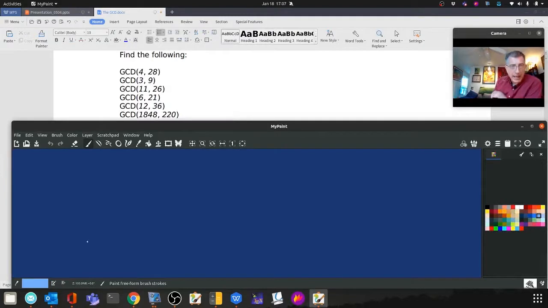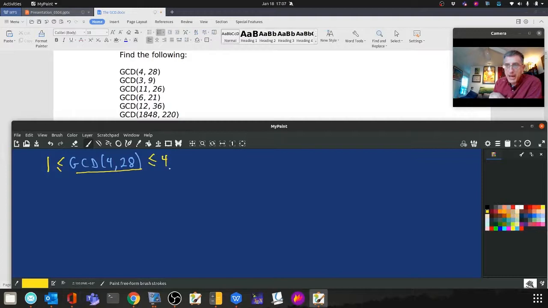So let's look at the GCD of 4 and 28. So what do I know? Whatever the value is, it's greater than or equal to 1, but less than or equal to 4.